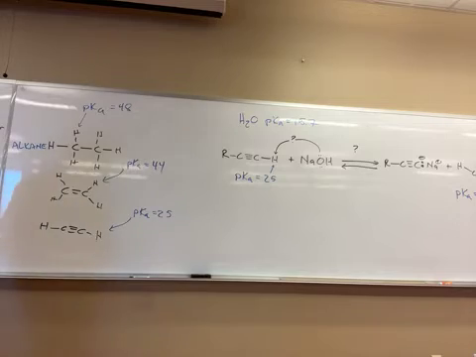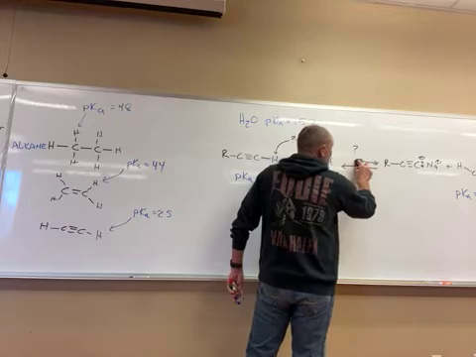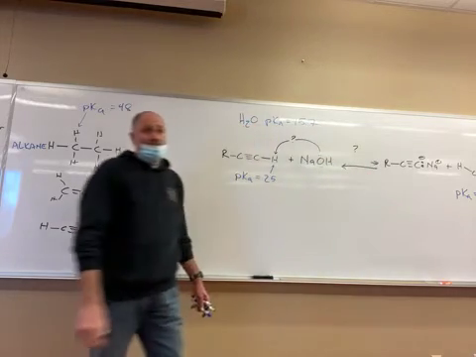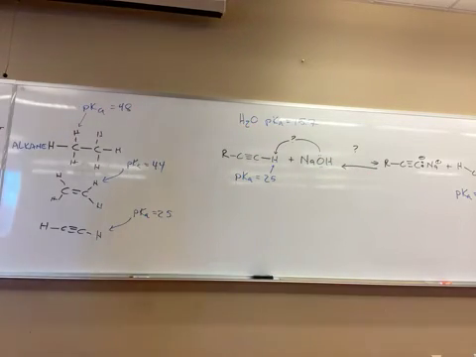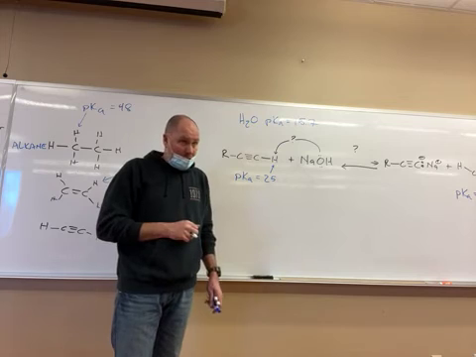It's going to go to the left, big time. So this reaction goes that direction. Sodium hydroxide is not strong enough, even though it's a strong base, to pull that hydrogen off.